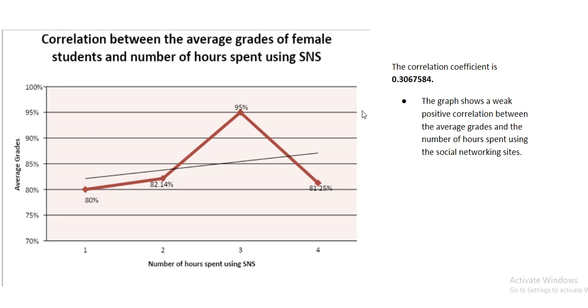This shows that as the number of hours spent using social networking sites increases, the average of the student also increases. This could be because 90% of the female population uses social networking sites for educational purposes to some extent.